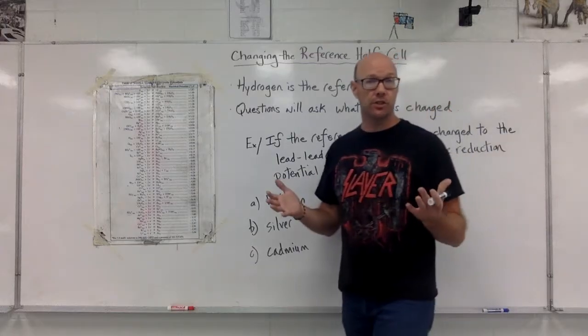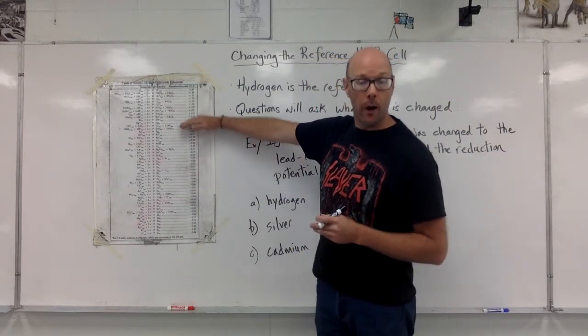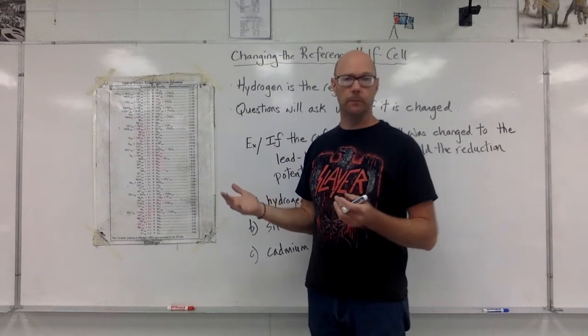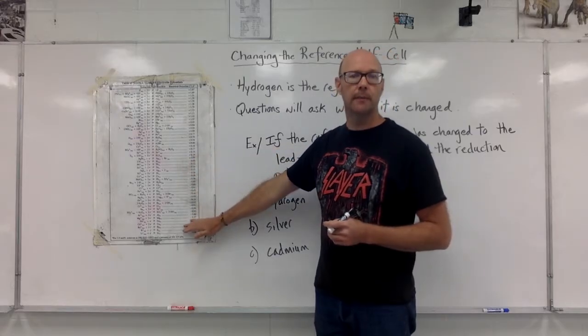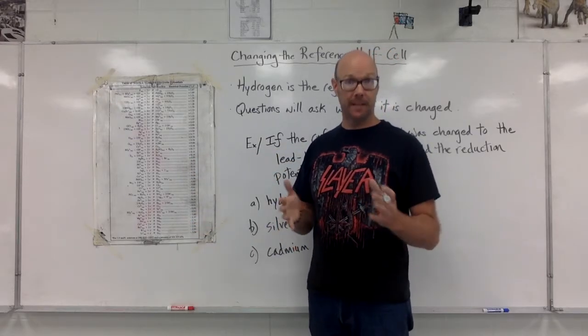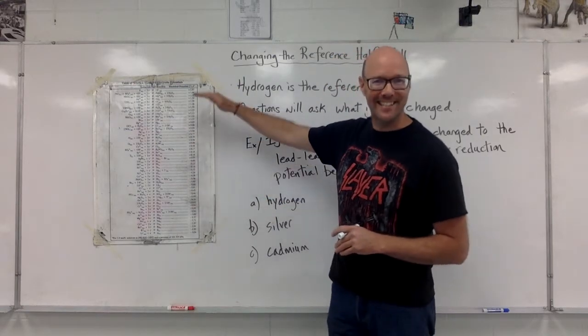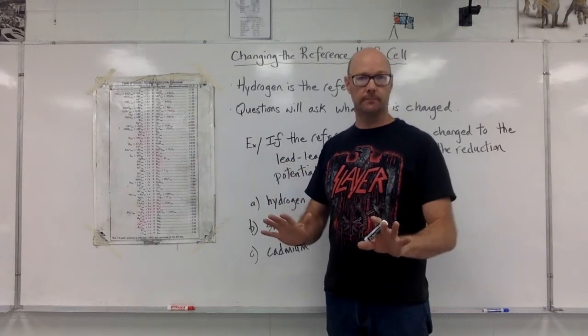And so a few things just to note. Any half reaction higher up on the table than the reference half cell is going to have a positive value. Anything below the reference half cell on the table is going to be negative. That's the first thing. The second thing is the relative distances in between one line to the next are constant.